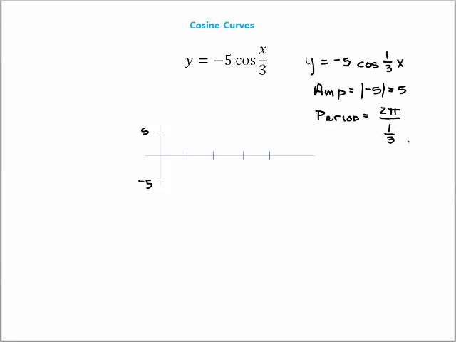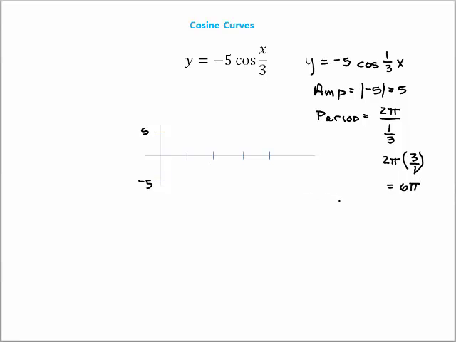Hopefully you remember that when we have a fraction in the lower part of a fraction, we invert it. So we'll take 2 pi and we'll invert it to 3/1. That means what we get is 6 pi.